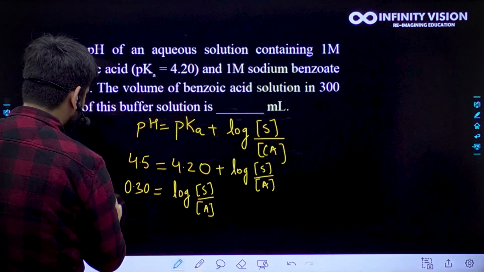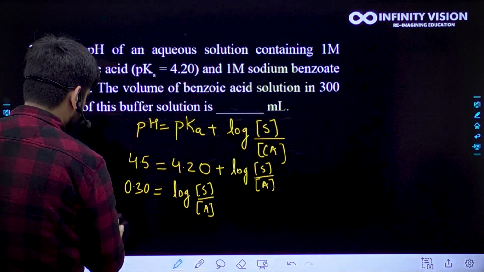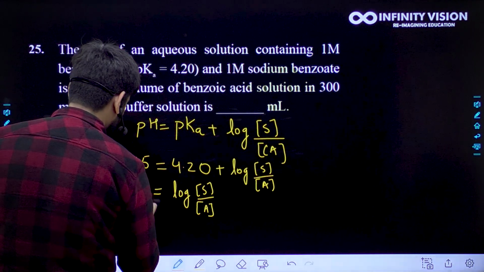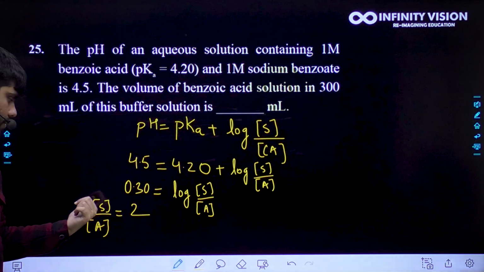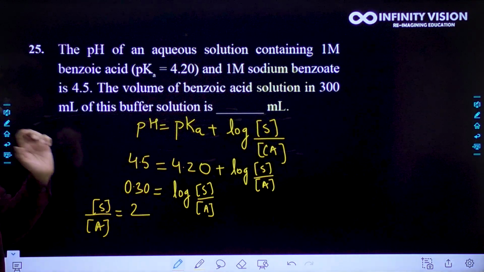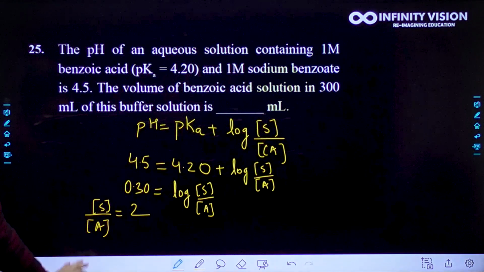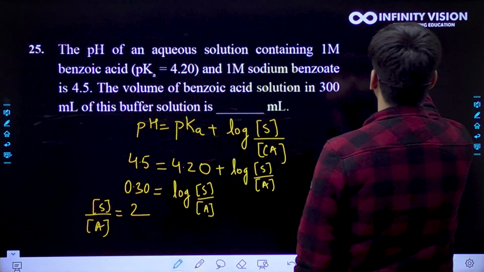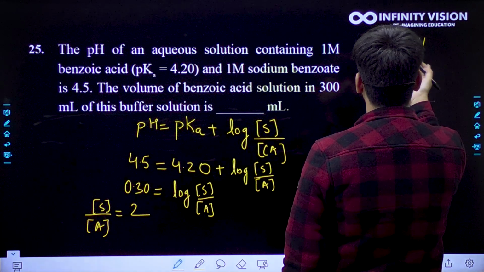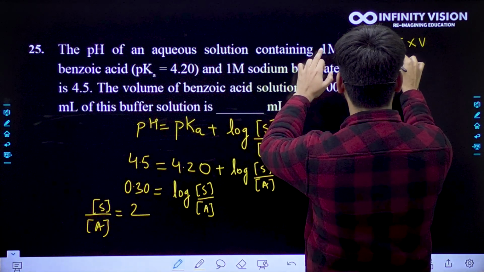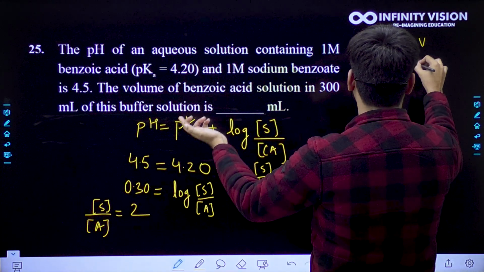So I can write salt concentration upon acid concentration to be 2. All right. Now concentration is moles upon volume, so we can find out the moles. We know that moles is concentration into volume. So if I find out the moles of salt, the concentration is 1 and the volume, let us say, is Vs.